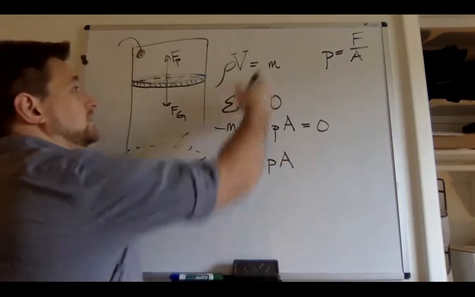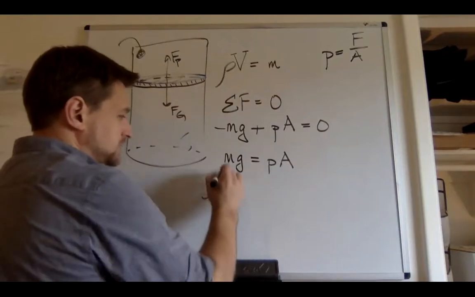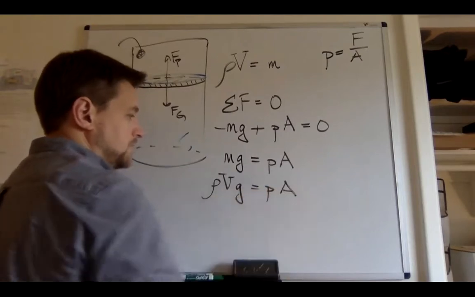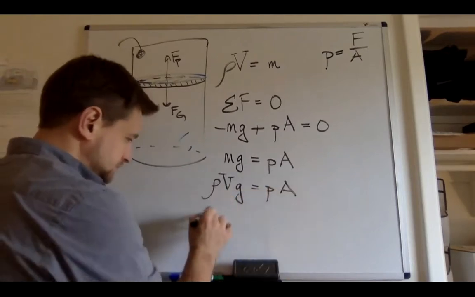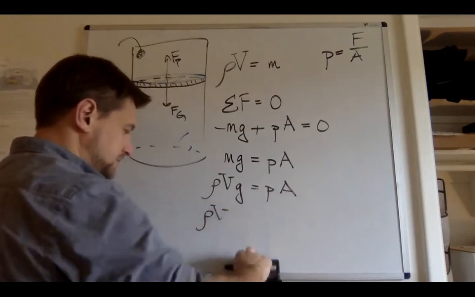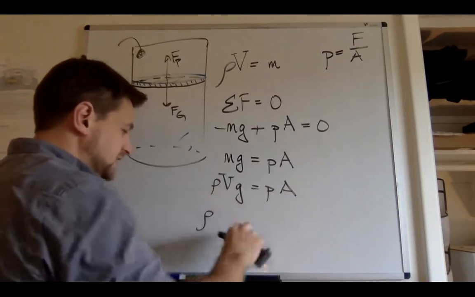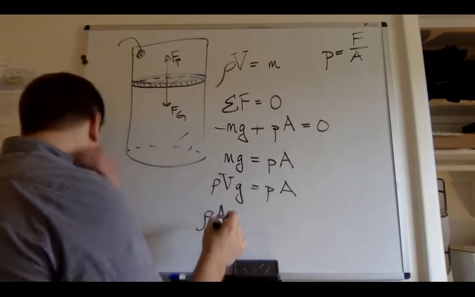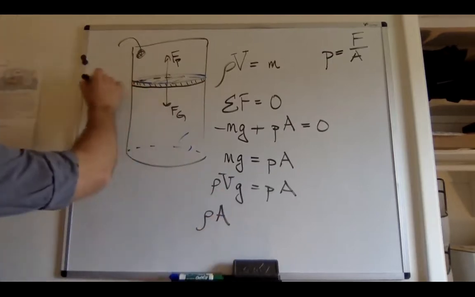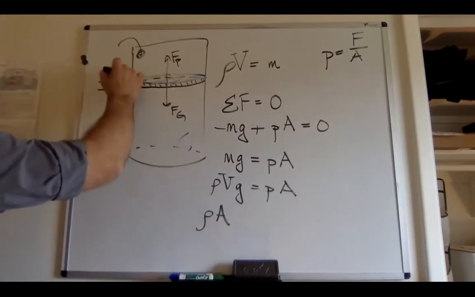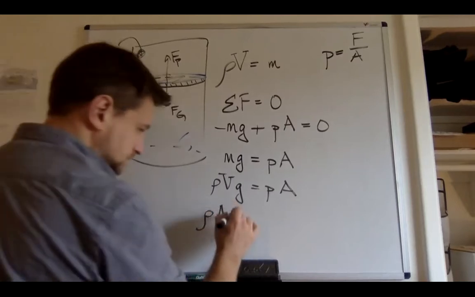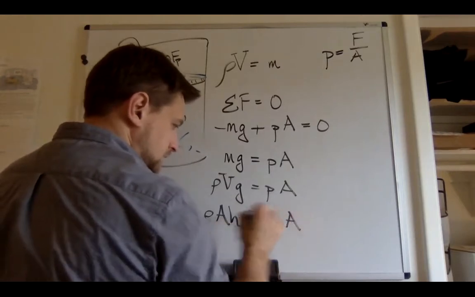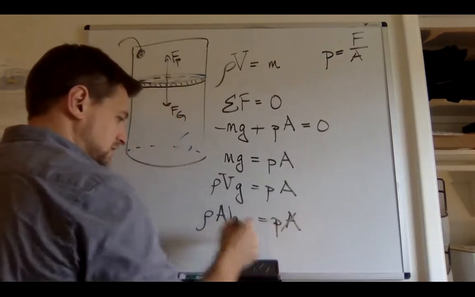Now the mass, let's unpack that, is rho times the volume. And the volume is the area of the disk times its thickness. I'm going to call it H. But that's an area on both sides.